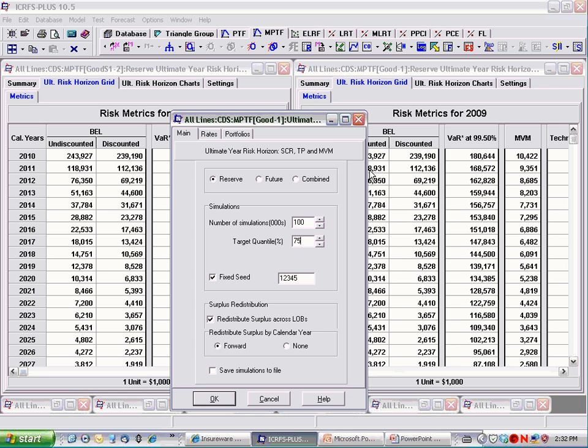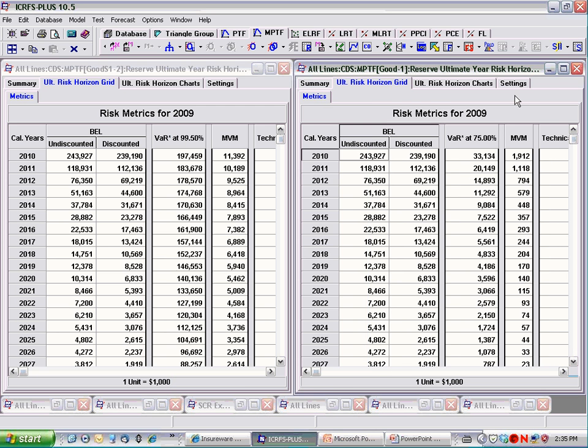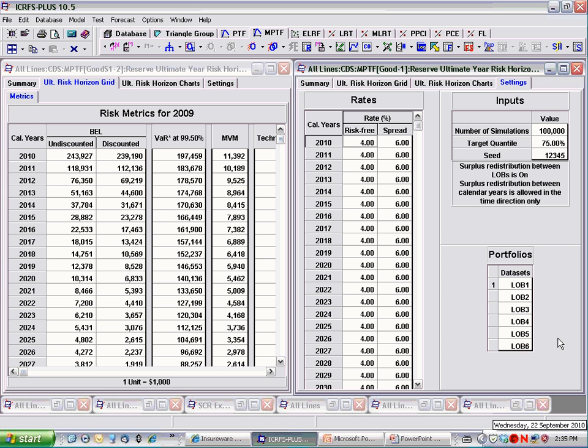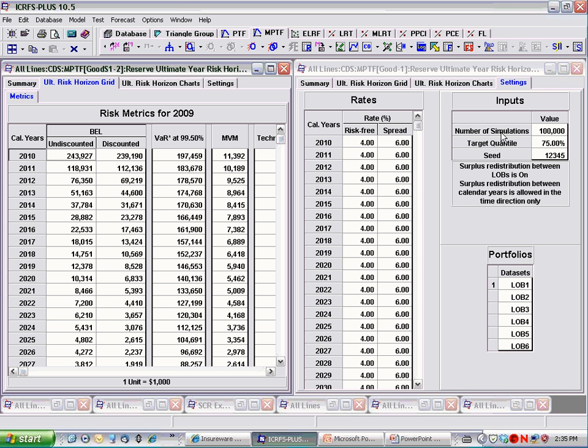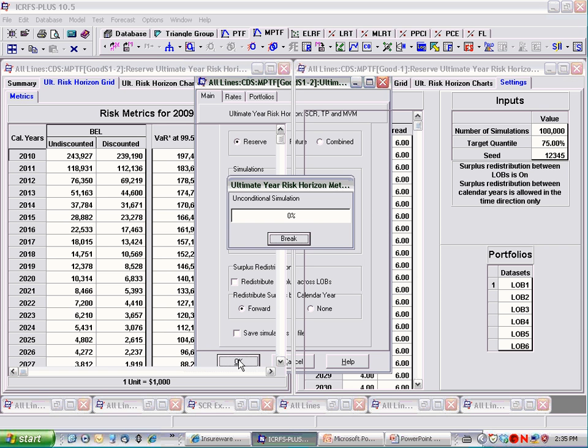Okay, so it's done. Let's just check the settings. So at 75th, now we'll do the other one at 75th. Change that to 75%. And we don't distribute surplus across LOBs. Okay.